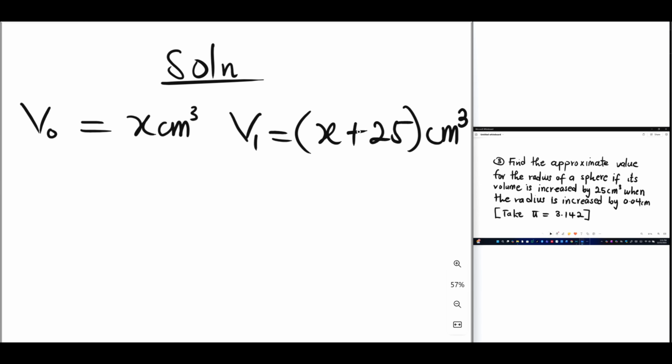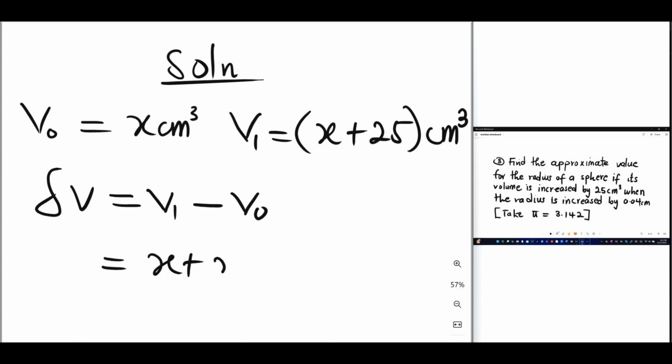To find the small change in V, it's going to be V1 minus V0. So we get X plus 25, minus X, and this will give us a result of 25.